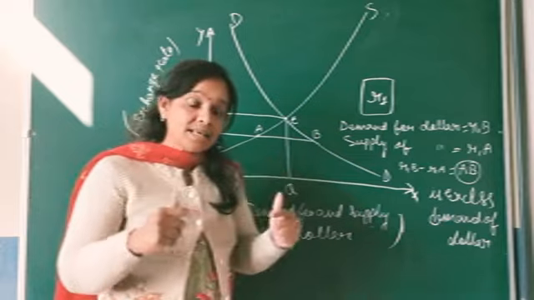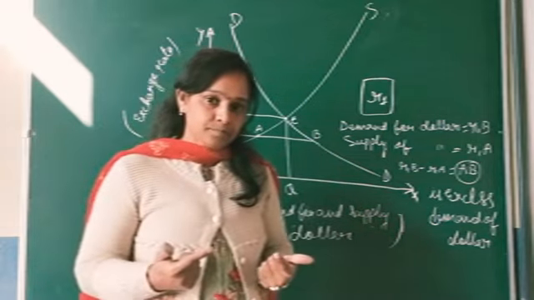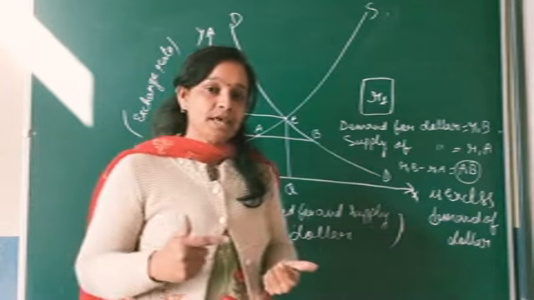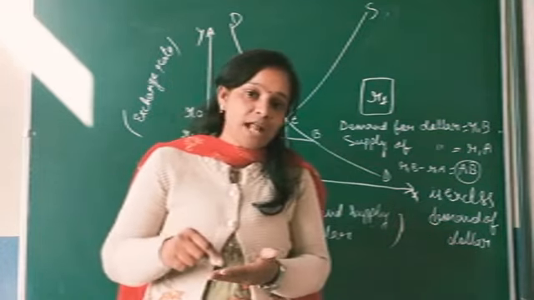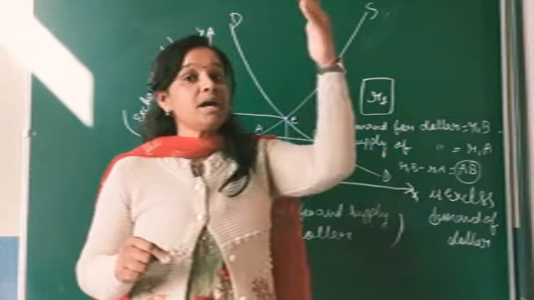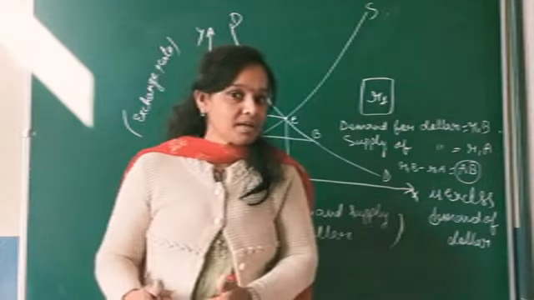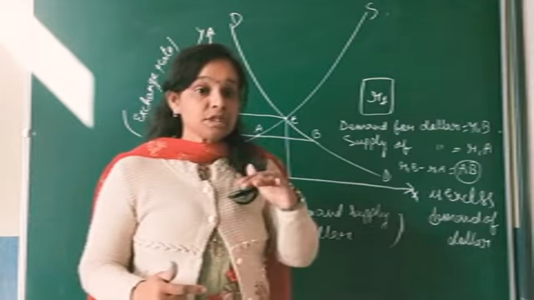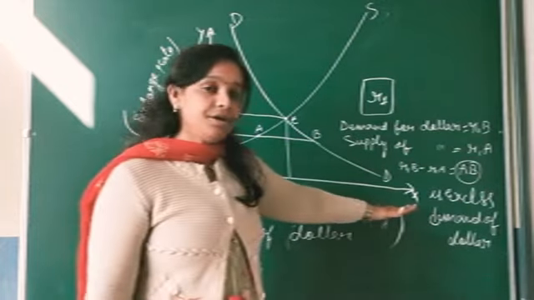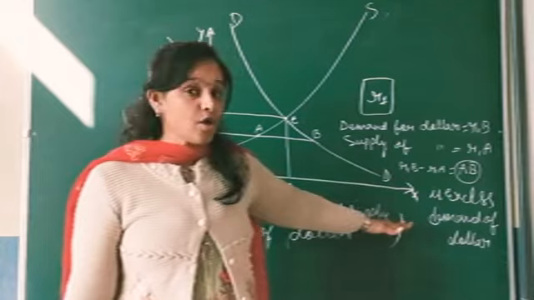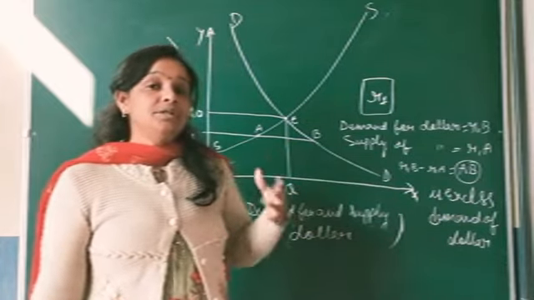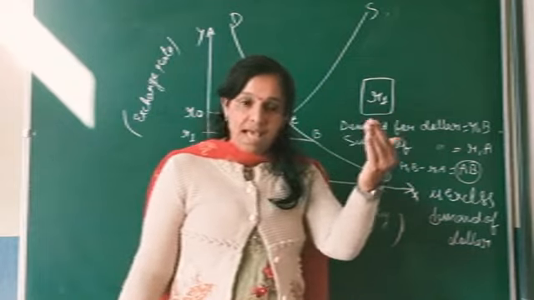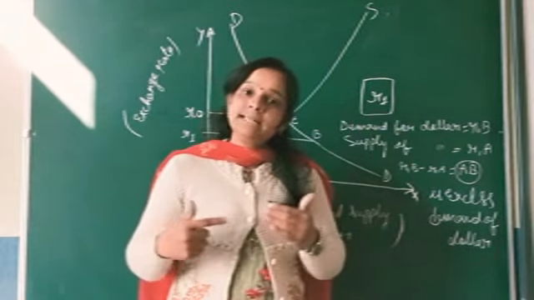So this excess demand of dollar, आपकी करेंसी की वैल्यू क्या होगी? मतलब डॉलर की डिमांड ज्यादा है और रुपी की डिमांड कम है, तो आपकी रुपी की वैल्यू क्या हो जाएगी? The demand for dollar is greater than the supply of dollar, so the value of dollar will appreciate and the value of rupee will depreciate.